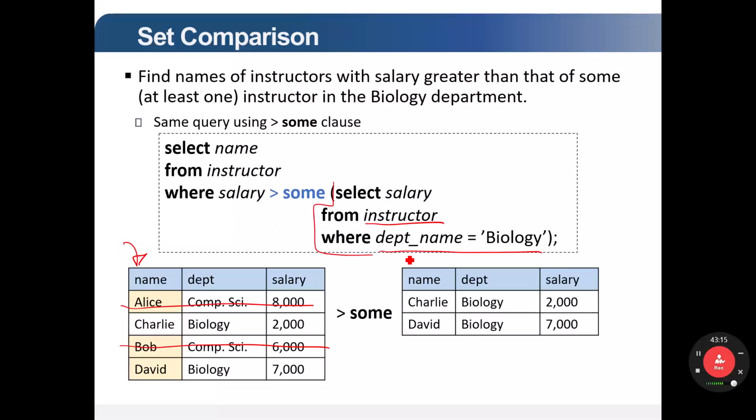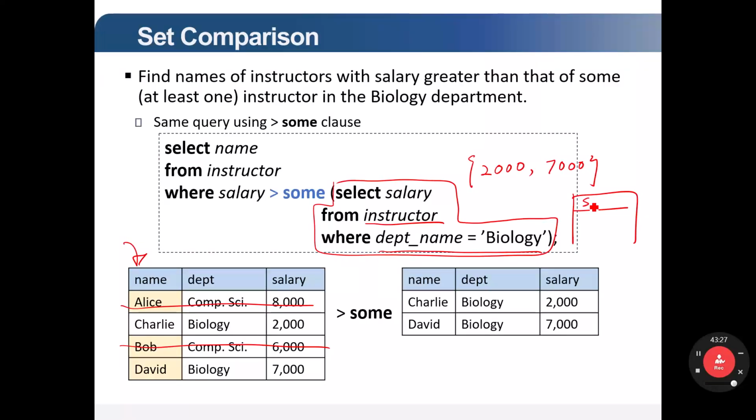So this inner query can be replaced by a set that contains two values, 2000 and 7000. Let's use table notation. Salary: 2000, 7000. Okay, this is the output of this inner query.